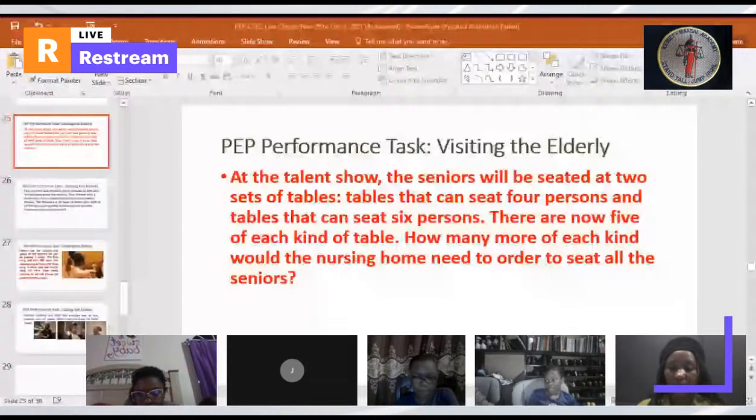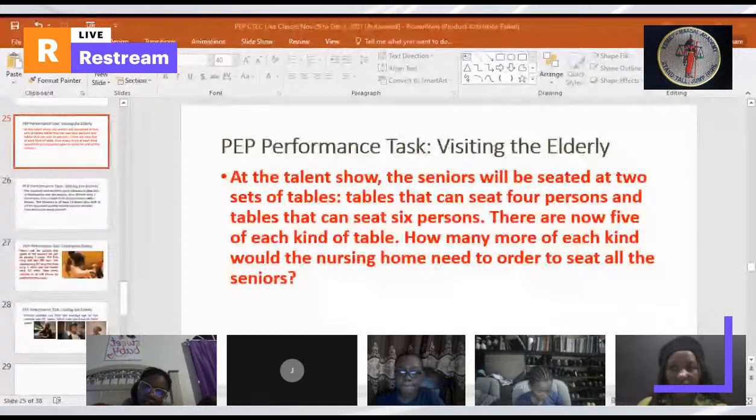4. 4 more of which table? It's the table that can seat 4 persons. 4 more of the table that can seat 4 persons.